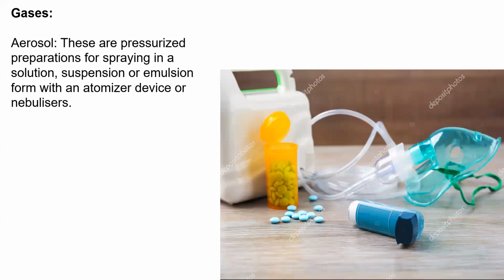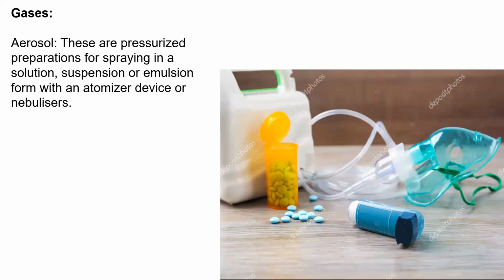For the gaseous dosage form, one example would be aerosol sprays. Several different types of pharmaceutical products may be packed in pressurized dispensers, and they are known as aerosols. They may be used as surface disinfectants, wound or burn dressings, or to relieve irritation of bites.